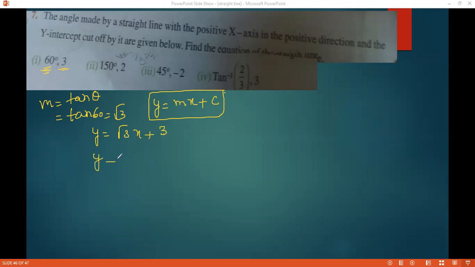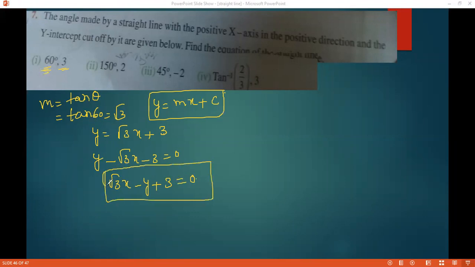Can I send this to this side? Minus root 3 x minus 3 is equal to 0. So root 3 x minus y plus 3 is equal to 0. This is our equation. So what you have to remember here is this slope-intercept form.